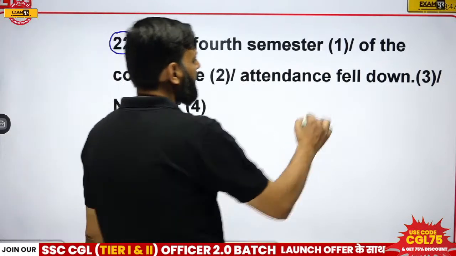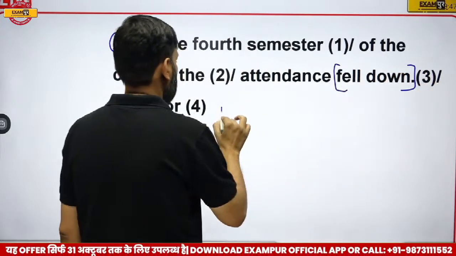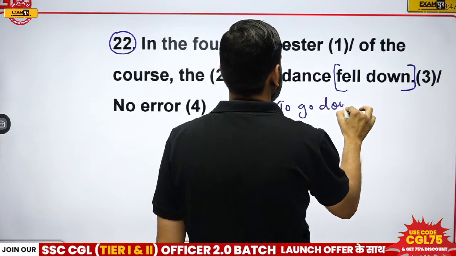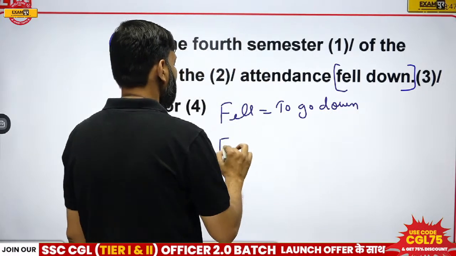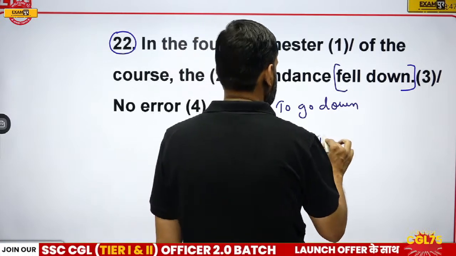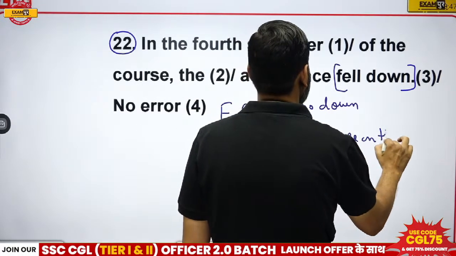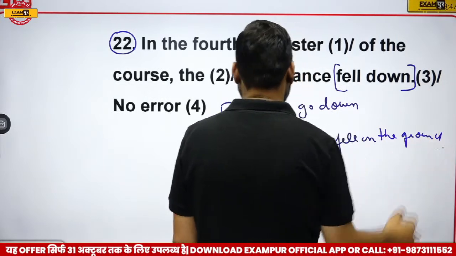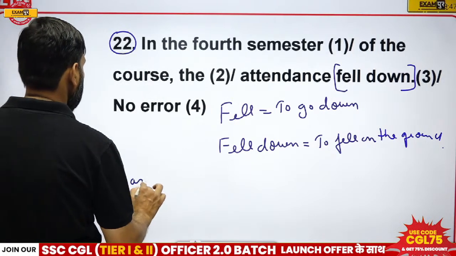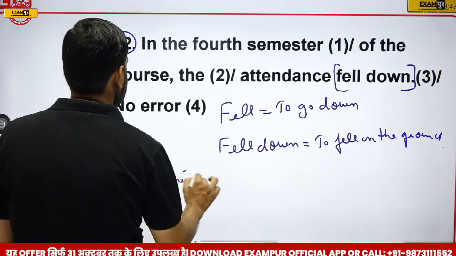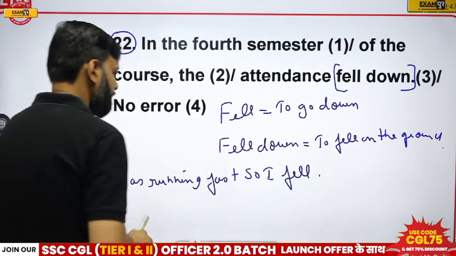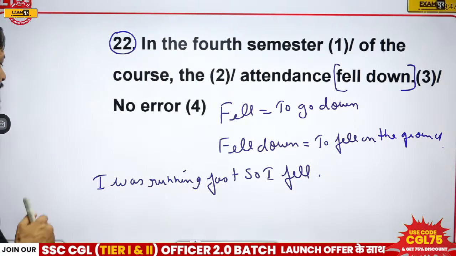See, here "fell down." Fell means to go down, and fell down means to fall on the ground. For example, I was running fast, so I fell.